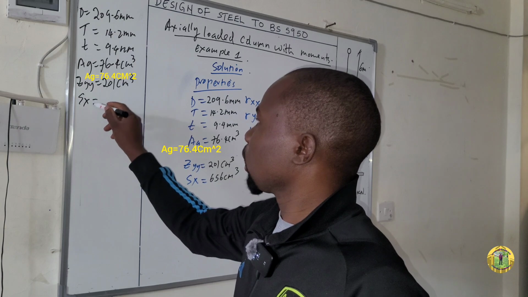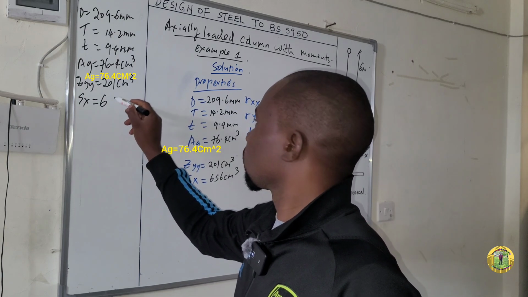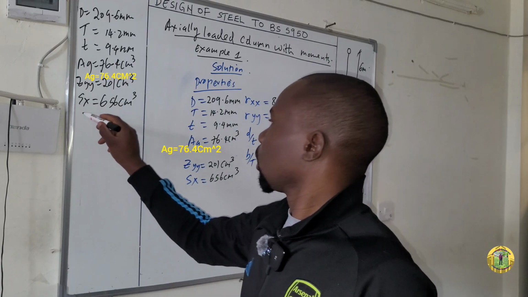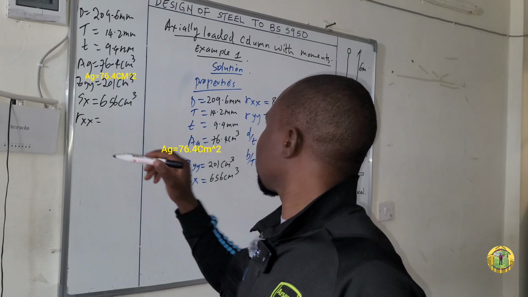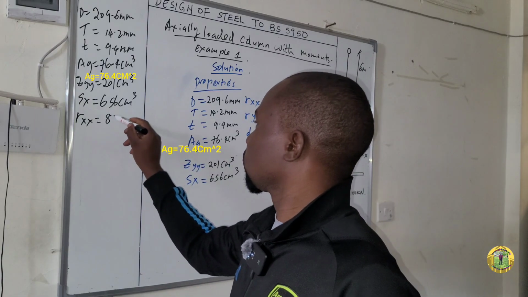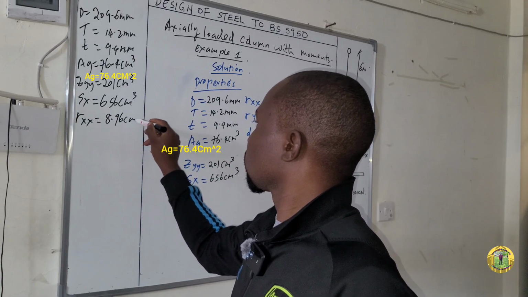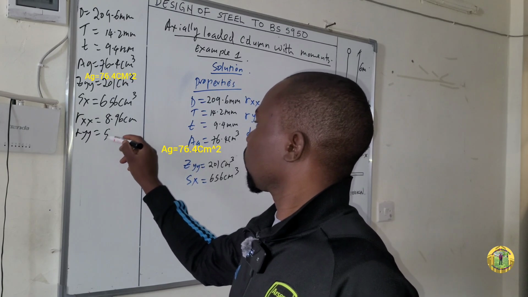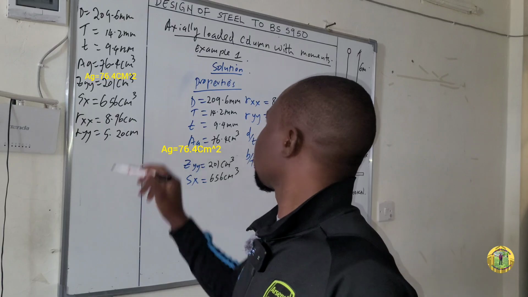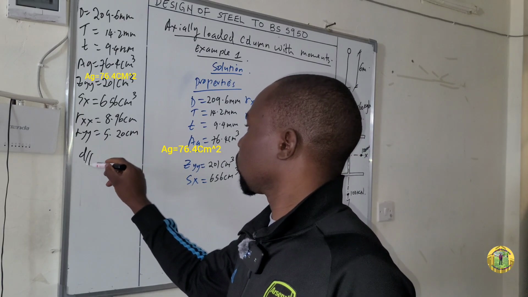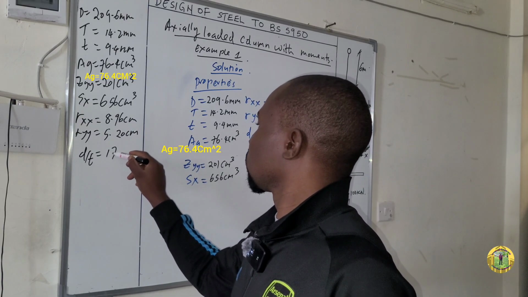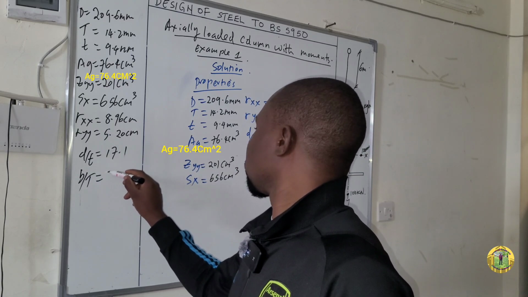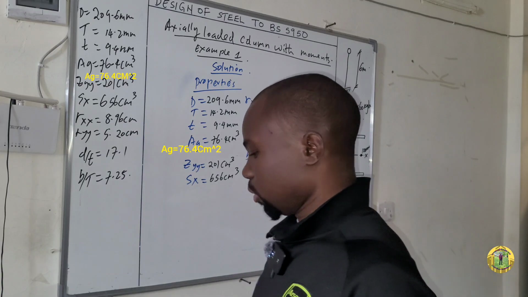Plastic modulus is equal to 656 centimeter cubed. RXX, radius of gyration on the XX axis, 8.96 centimeters. And then RYY is equal to 5.20 centimeters. D over small t, 17.1. B over capital T, 7.25, like that.